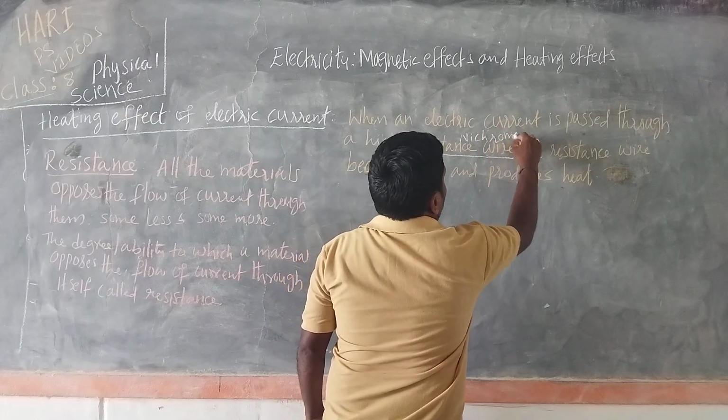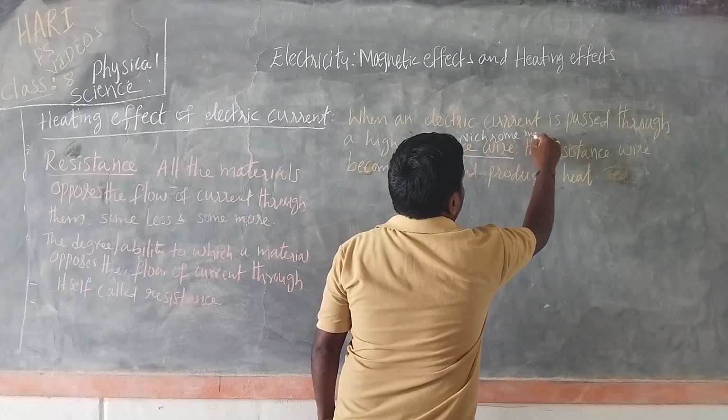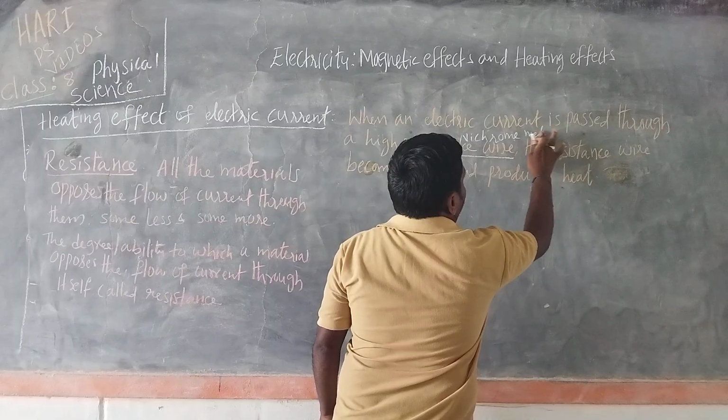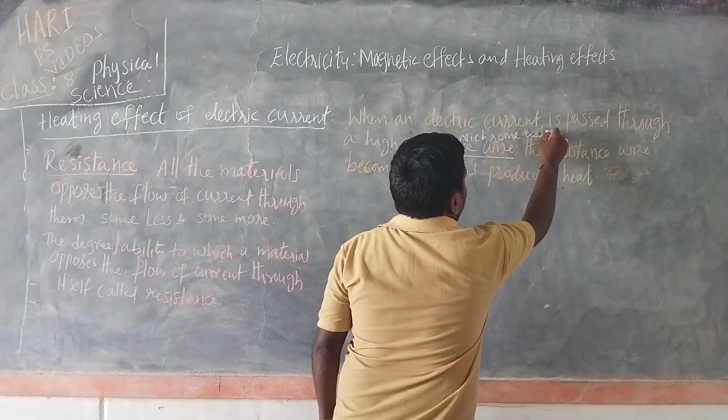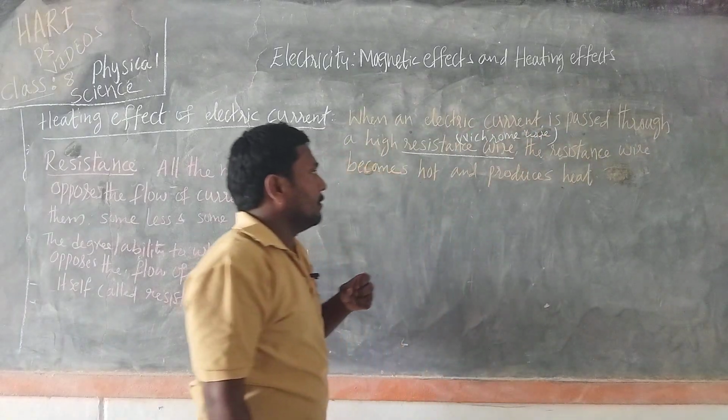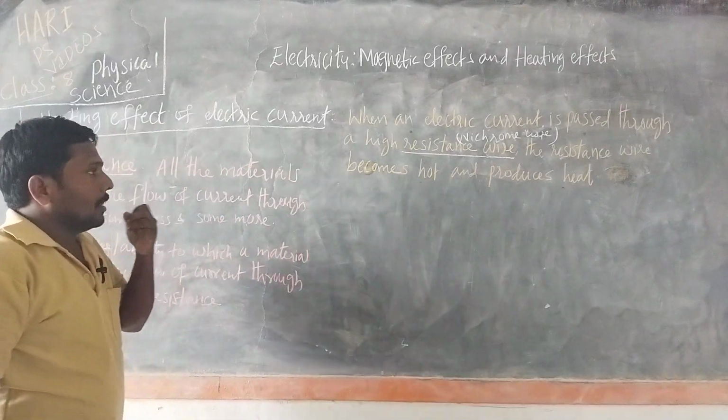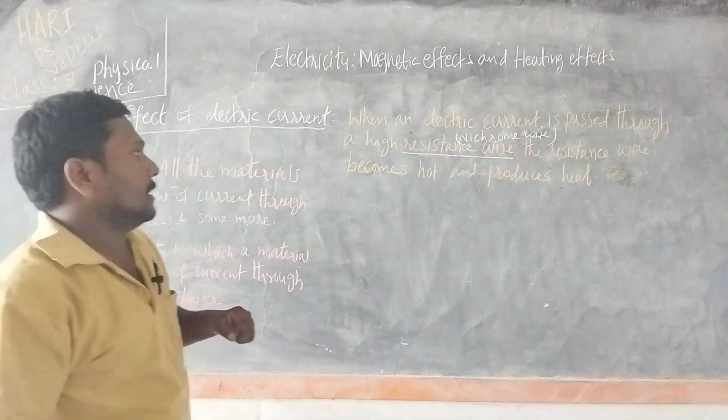A nichrome wire has more power, more ability, to oppose the flow of current.